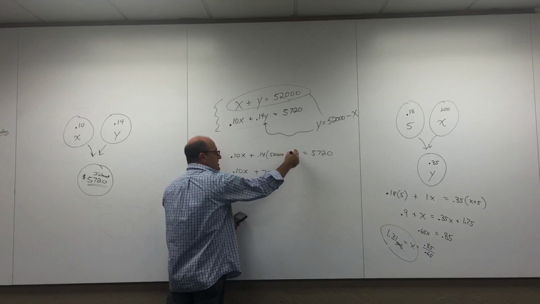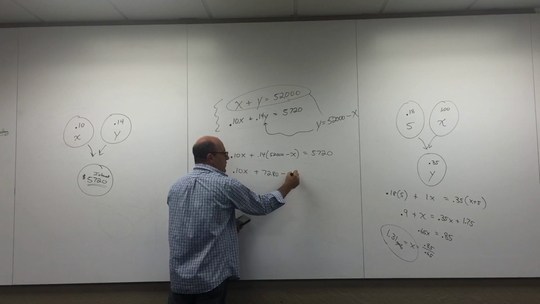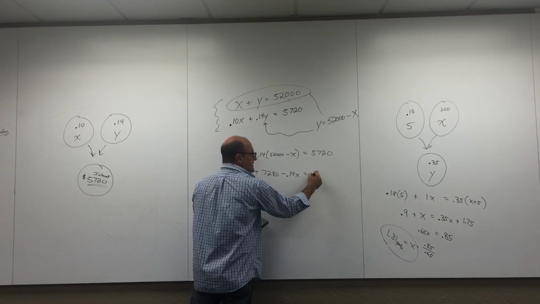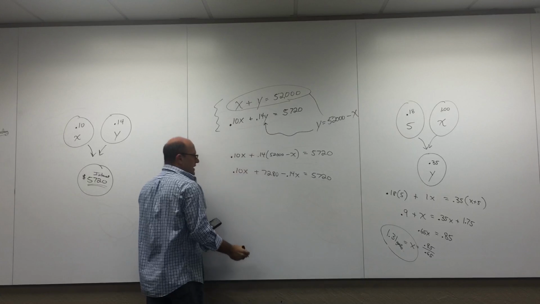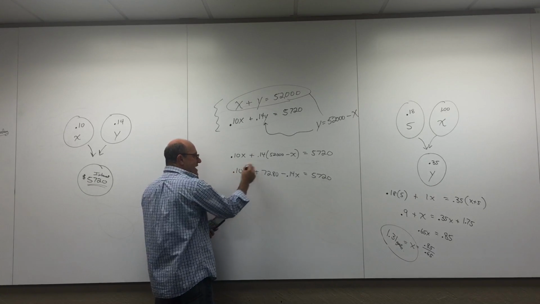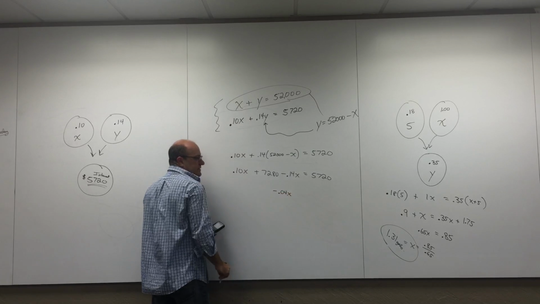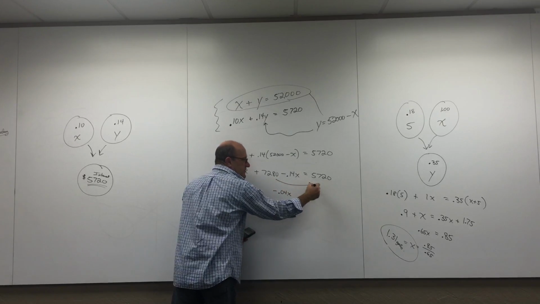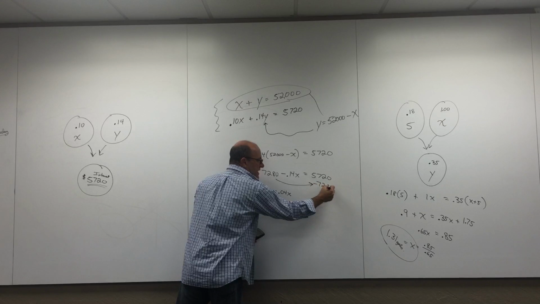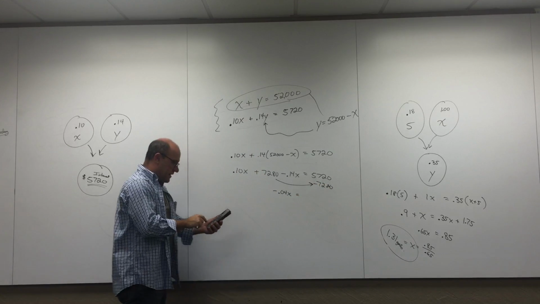The 0.14 is also times that x, negative 0.14x. This is 5720. When you add those x's together, you get negative 0.04x. When you move the 7280 over, you get a negative something over there.